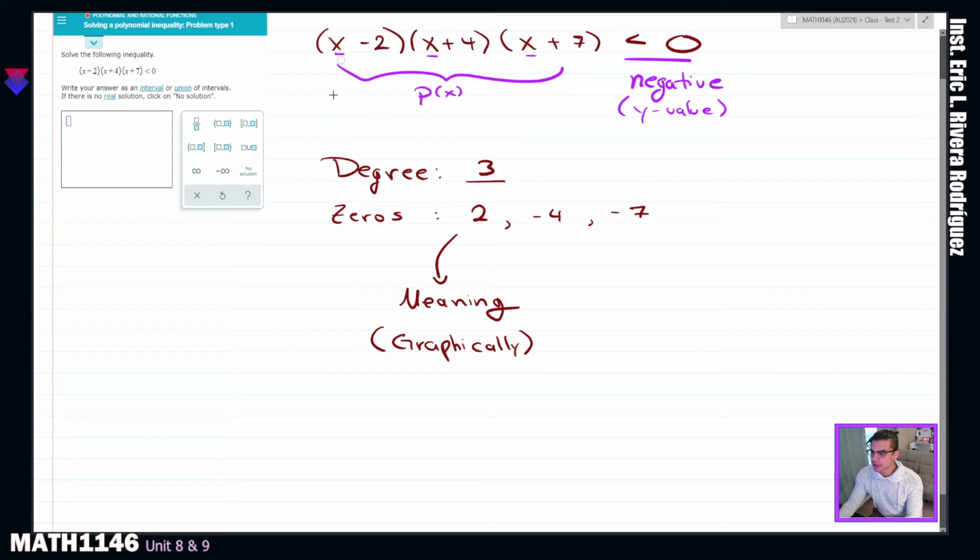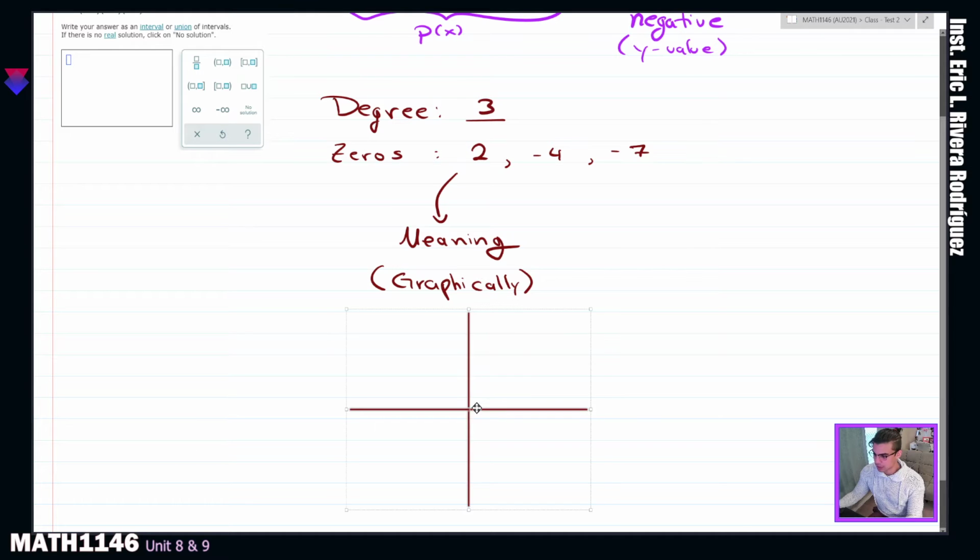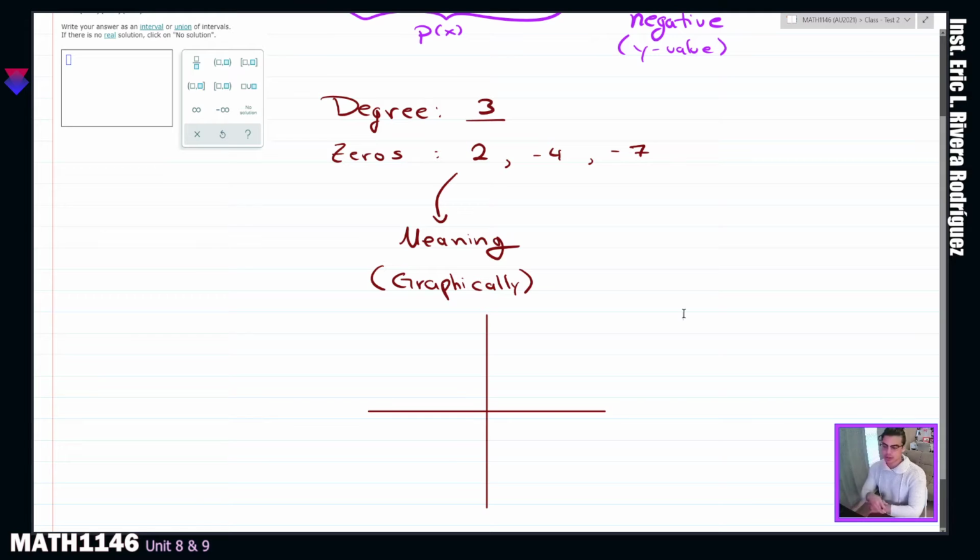This part is not part of the written work. This is just to give you an insight of what's happening, what's the meaning of the zeros. But this is going to be important because this is what you have in your mind when you're working with this exercise, and you will see how this is going to help you to complete the exercise.